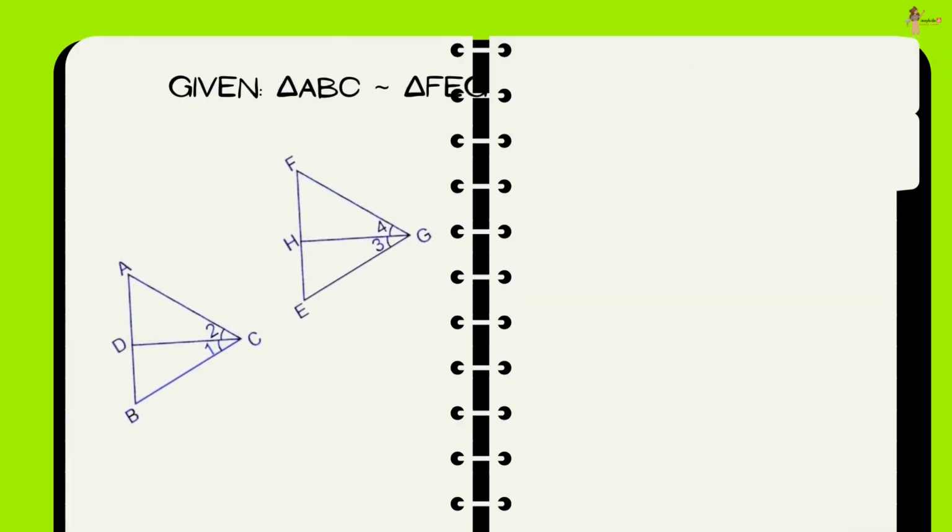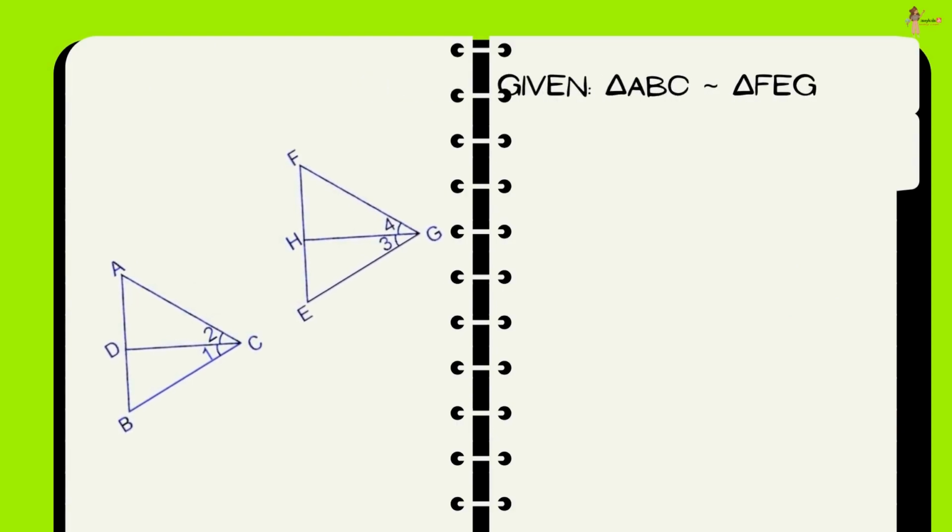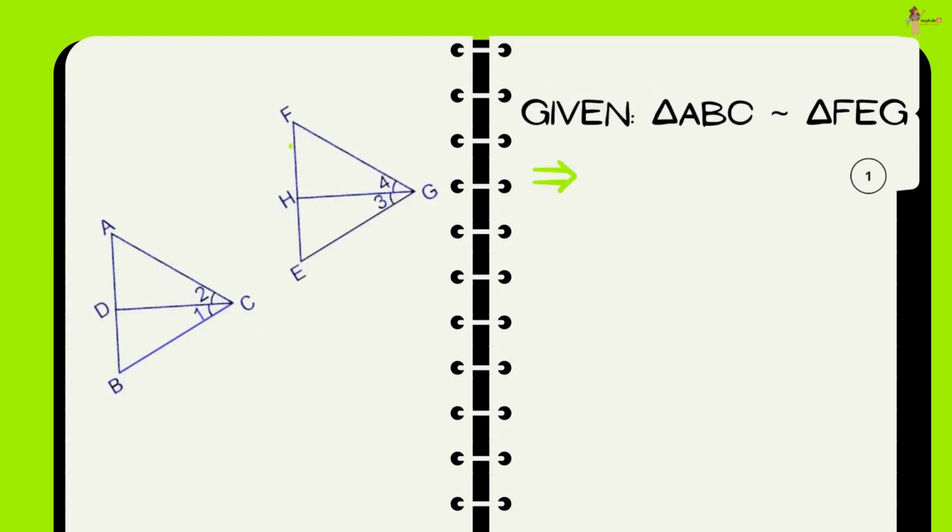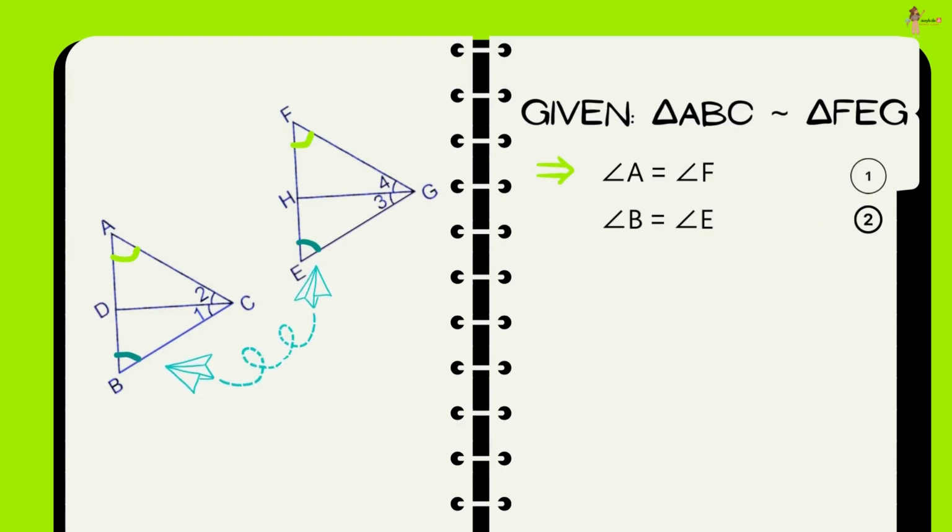Now, we are given that triangle ABC is similar to triangle FEG. This means angle A is equal to angle F. Similarly, angle B is equal to angle E and angle C is equal to angle G because corresponding angles of two similar triangles are equal.